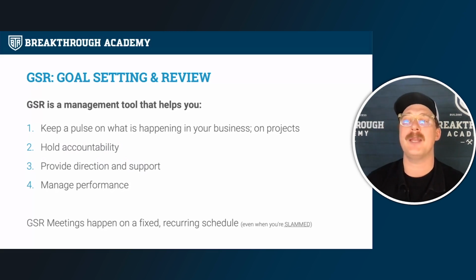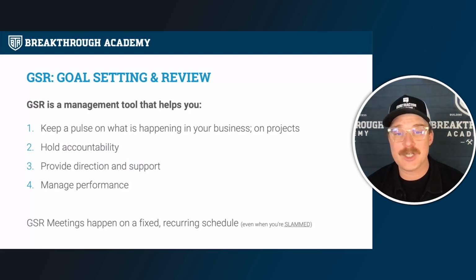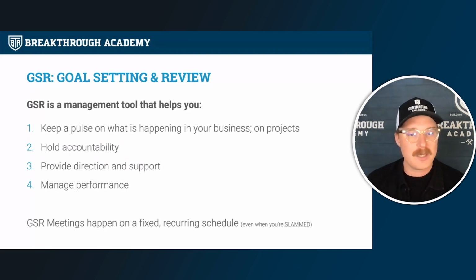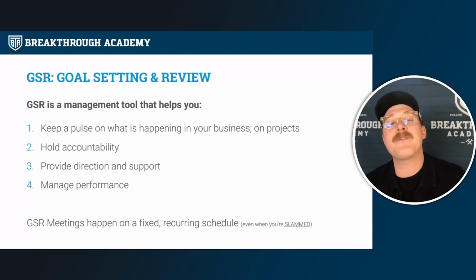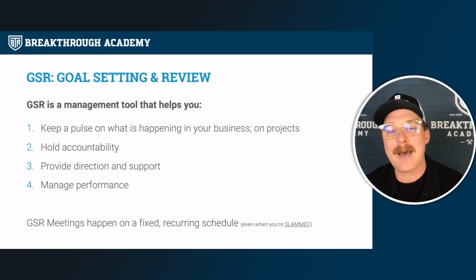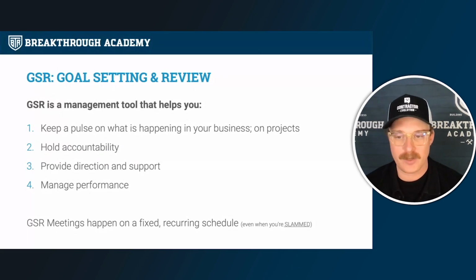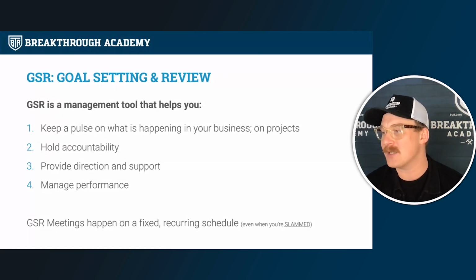And these one-on-one meetings are designed to help you keep a pulse on what is happening in your business, hold accountability with your people, provide direction and support for them, especially during busy, stressful times. You can really give them clear marching orders, and all of that leads to better performance management.